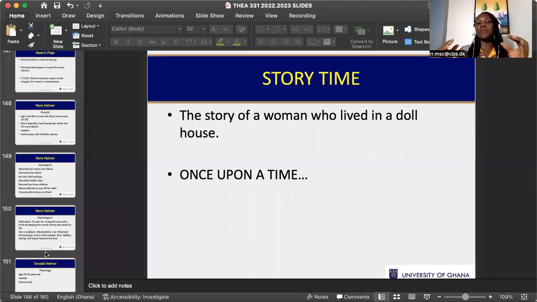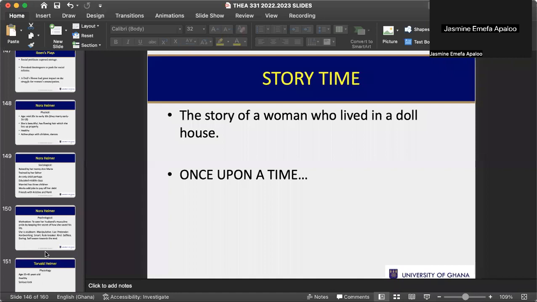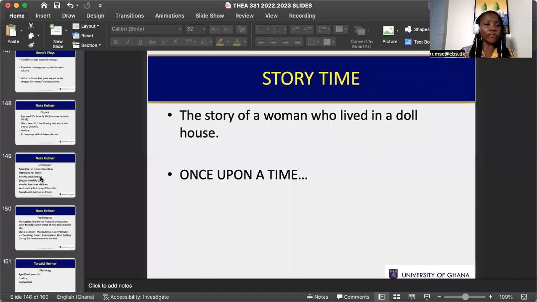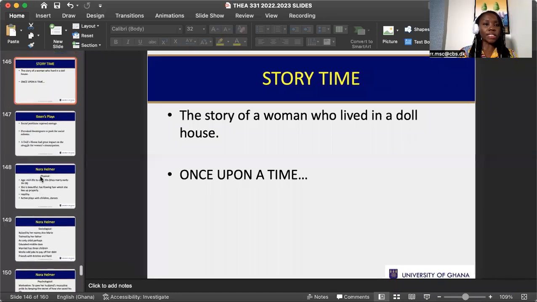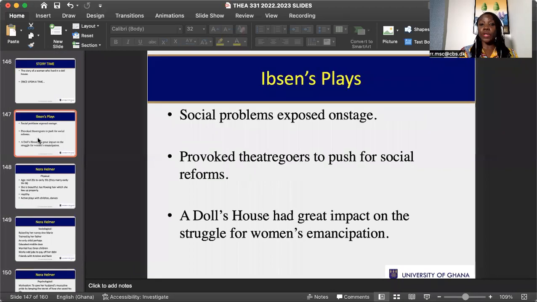Because it's a linear plot and it's a complex plot, the situations are tightly woven together, so that each event leads to the next. And you can link it back to the one that came before. And so we have looked at the full story.